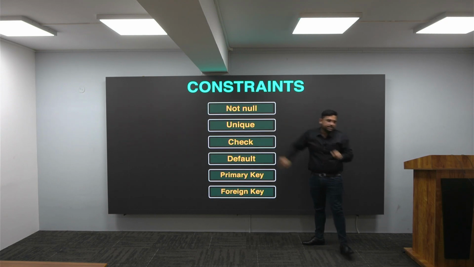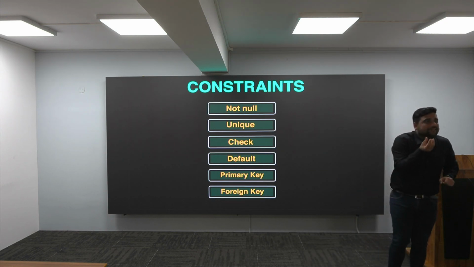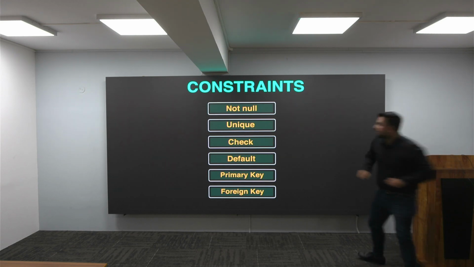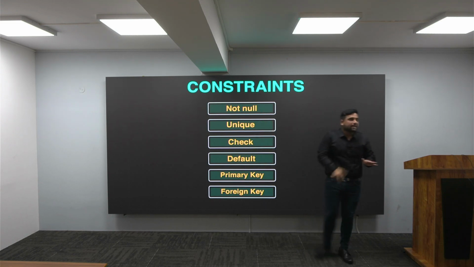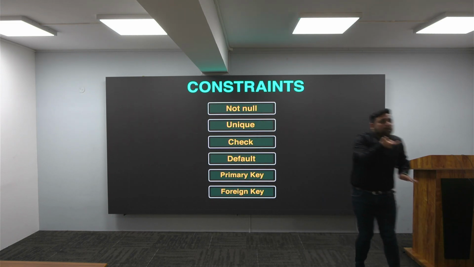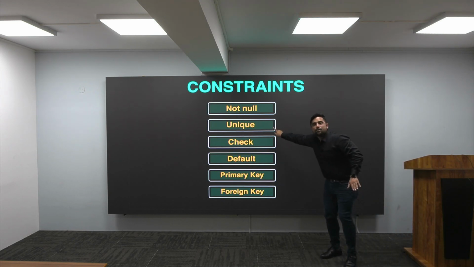And my friend, please try to understand, whatever unique we have, it will only compare the values. And whatever null we have, this is not a 0. 0 we cannot consider as a null. Null means empty, nothing. If you are applying unique to a particular column, then you can store null values here.